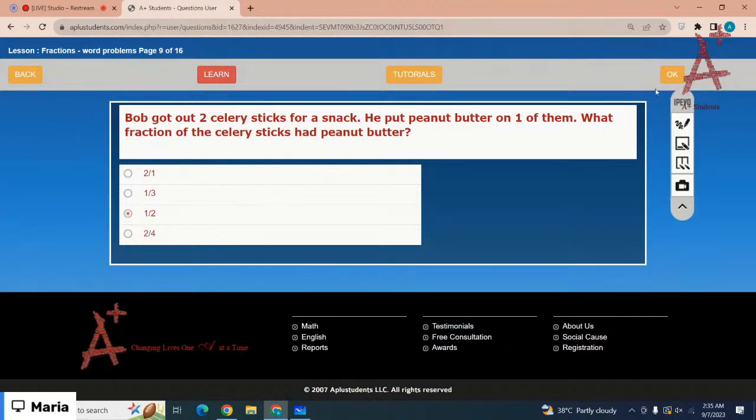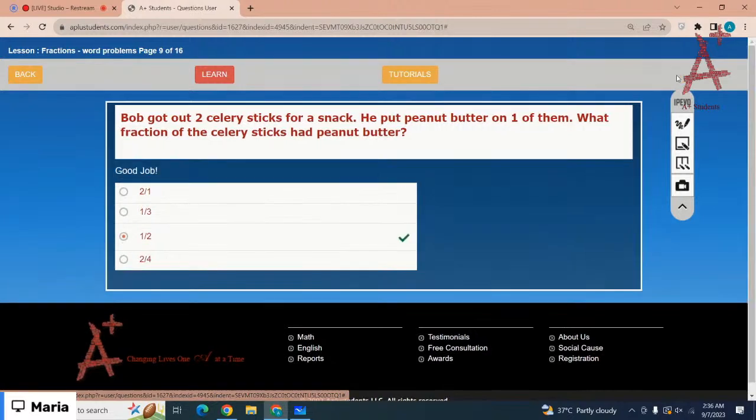The correct option is 1 out of 2. Okay, I forgot to click on the OK button.